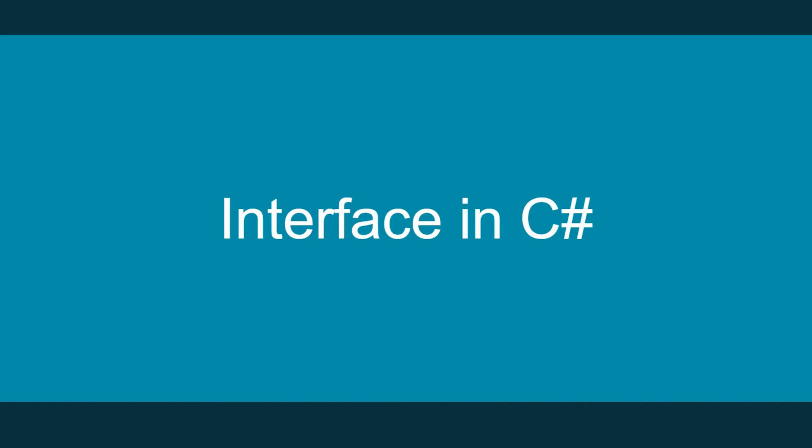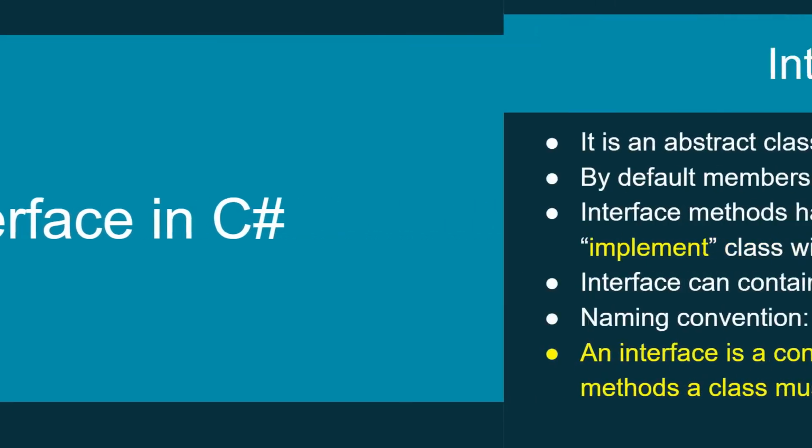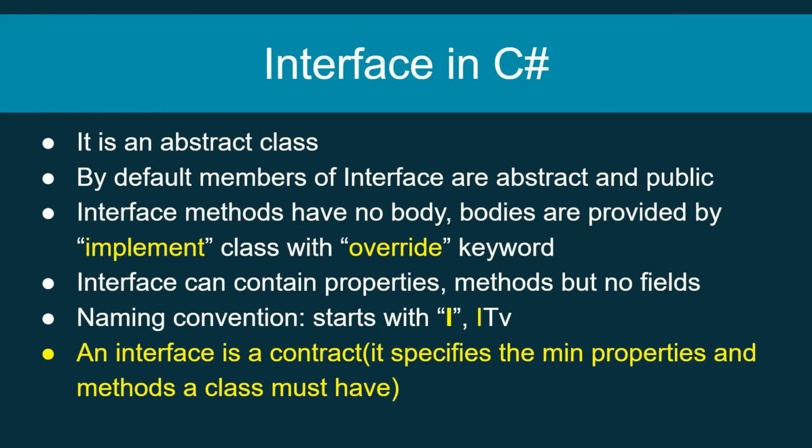Interface in C#. What is an interface? An interface is an abstract class. You will see that in an example. By default, members of an interface are abstract and public. Interface methods have no body.